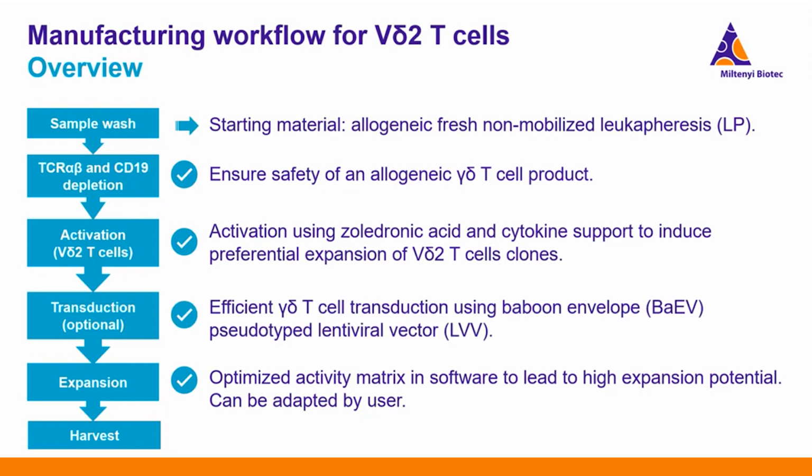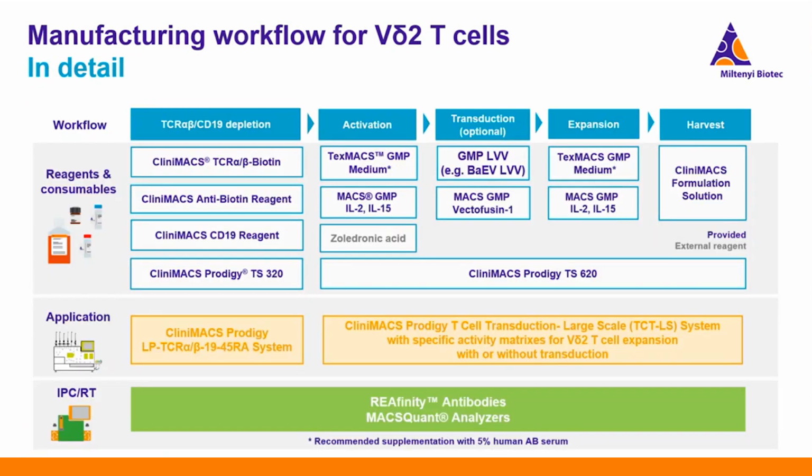Transduction is an optional step, but we have also defined a specific activity matrix to conduct an efficient transduction with a particular lentiviral vector that I will explain in the next part. And finally, we can harvest our cell product consisting of highly pure expanded Vδ2 T cells.